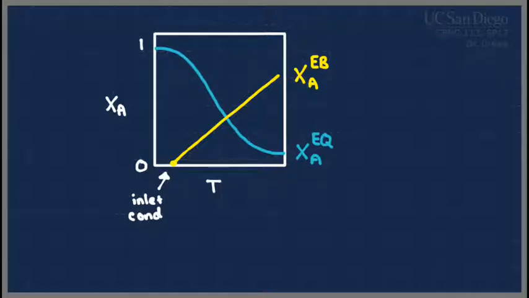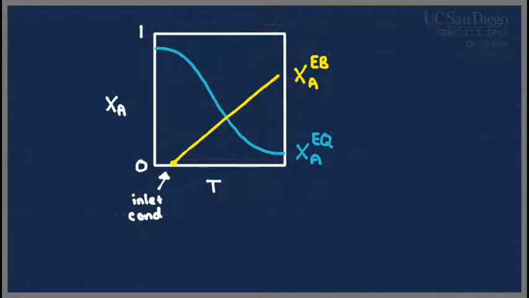I deliberately didn't put that 1 exactly at the blue line. Equilibrium does not always need to get all the way up to 1. So actually, let me move that even higher. It'll usually get pretty close. If it's exothermic and you keep cooling it down, you can get pretty darn close to 100% conversion, but it's not necessary to get all the way up to 100%.